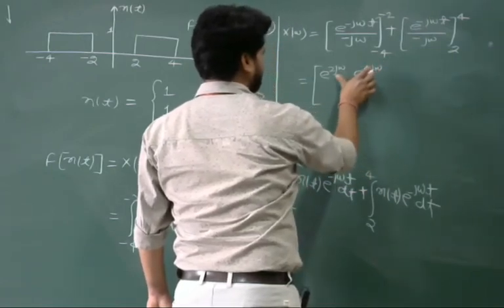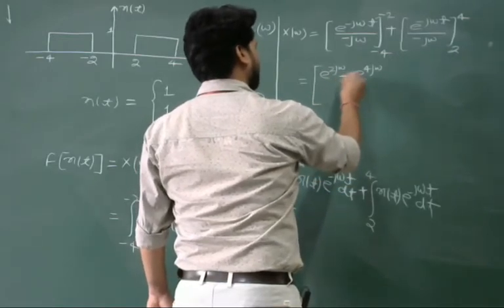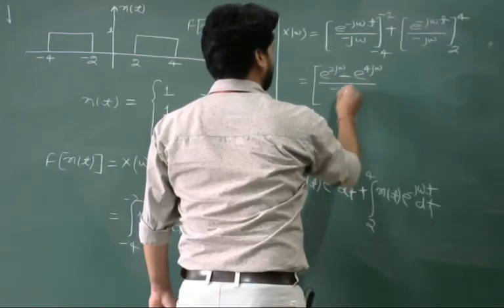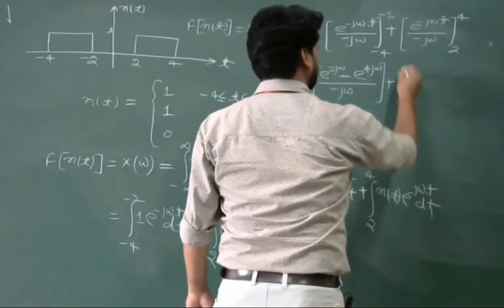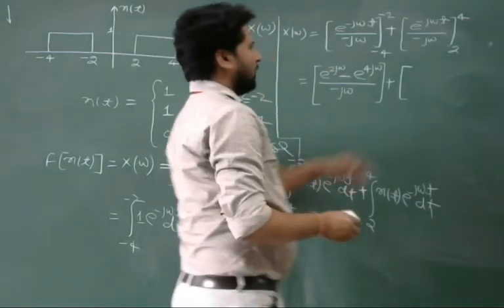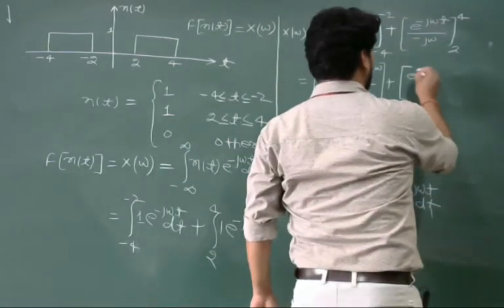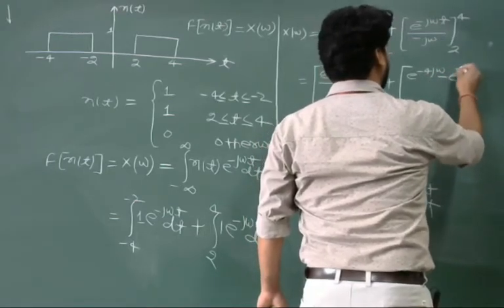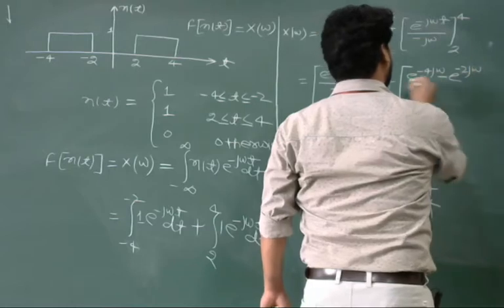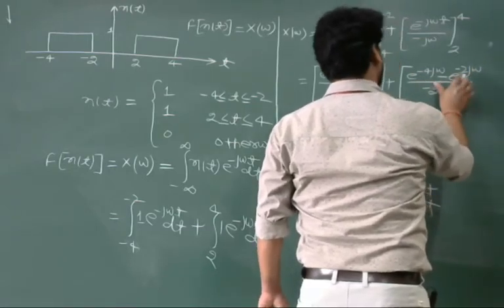This is not plus, this is minus, upon minus j omega, plus e power minus 4j omega minus e power minus 2j omega divided by minus j omega.